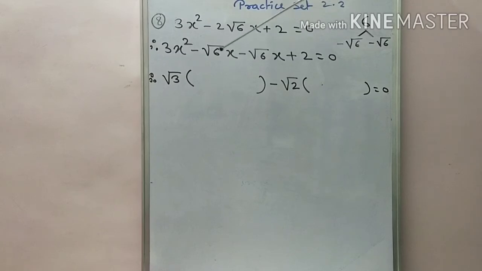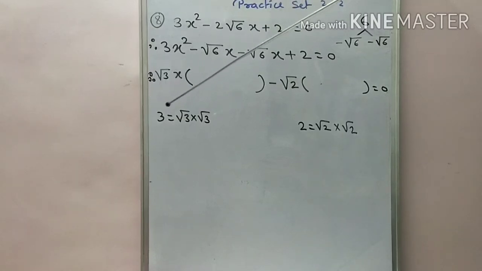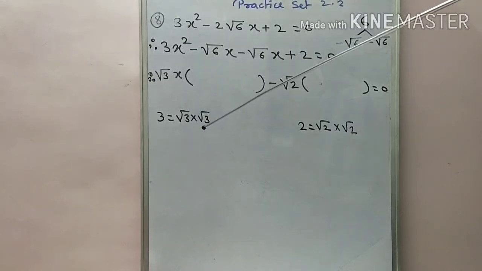According to that, we bifurcate here: 3x square minus root 6x minus root 6x plus 2 equal to 0. Then we take two groups. From the first group we do not take only x as common; we take root 3x as common, because this 3, a rational number, we can write as root 3 into root 3.